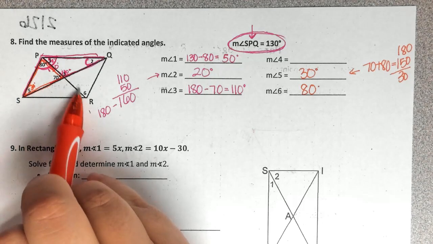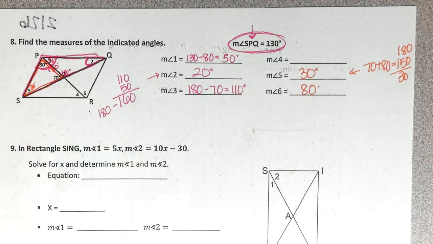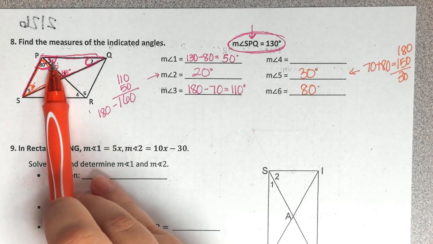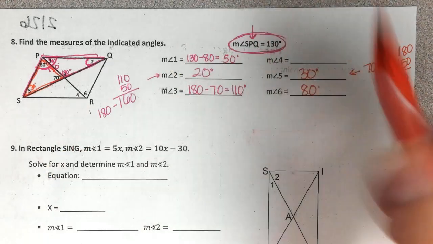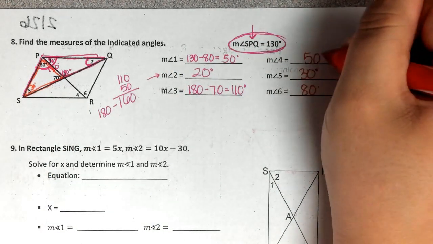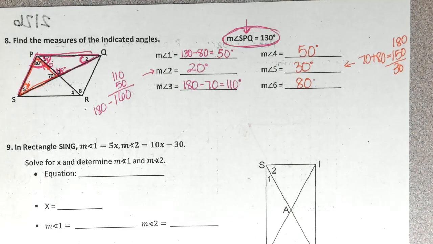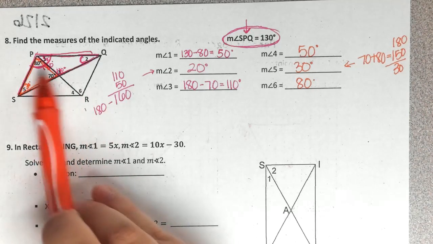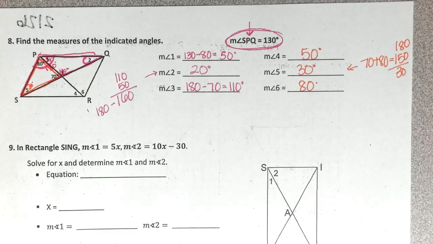You switch the side of this line it's on, because it's alternate interior angles. And if this side is 50, what's 50? 4. So on a parallelogram, even on a rectangle, you switch the sides and that's how you can figure out what they're on.